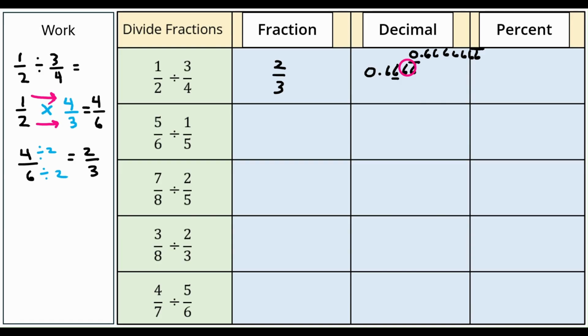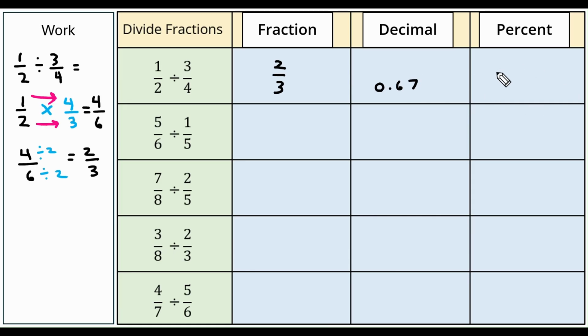So what we end up with is 0.67. And we're done. Decimal rounded to the hundredths is 0.67. And I'm going to go ahead and leave that right there.